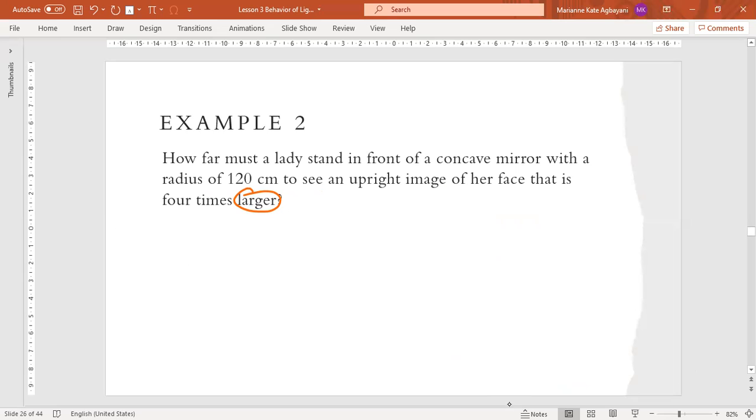We have here our given: magnification is 4 times larger, then our radius is equal to 120 cm. So linear magnification is equal to Q over P. This value is equal to 4.